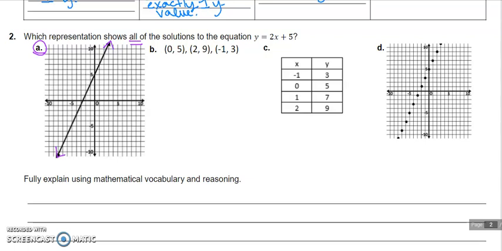So if you need to, rewind that, listen to it again, and then explain that down here, wording it in a way that you're comfortable with or that you can understand before you move on.